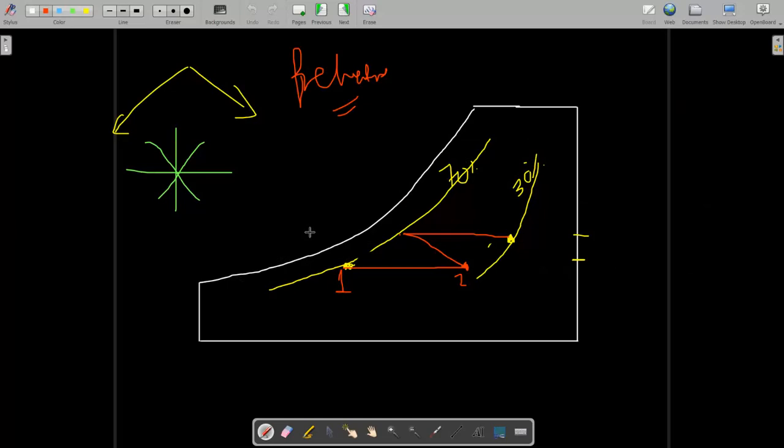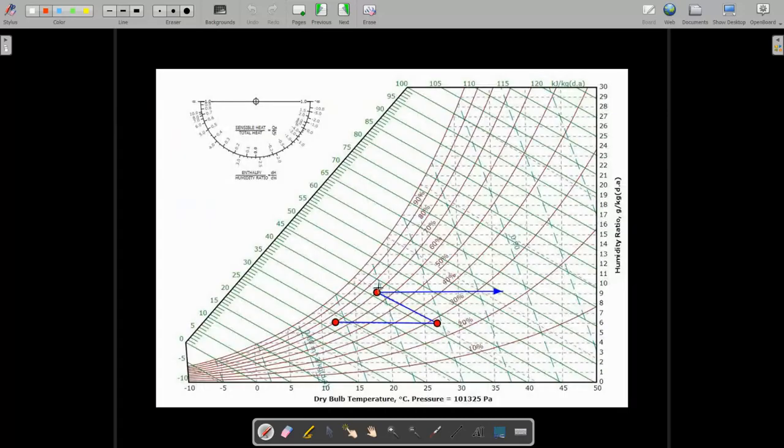Again I am telling you, if you still have any doubt about how to see the psychrometry chart and how to locate all the processes, then please ask me and I will make a separate video on that. Because if you locate all these processes, then 70% of your question is solved. On the proper psychrometry chart I have shown here: this is state 1, this is state 2, process 1 to 2, that means our preheating.